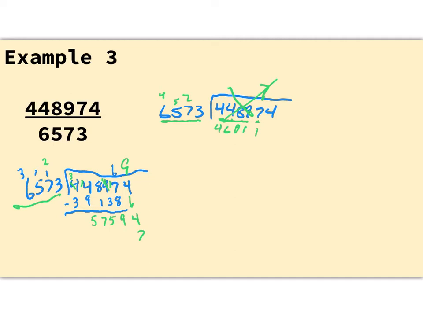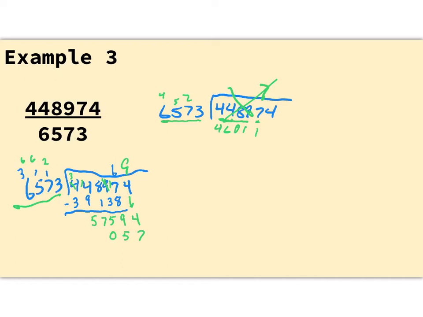Plus 2 is 65. 9 times 6 is 54. Plus 6 is 60. That's too much. So 9 does not work.